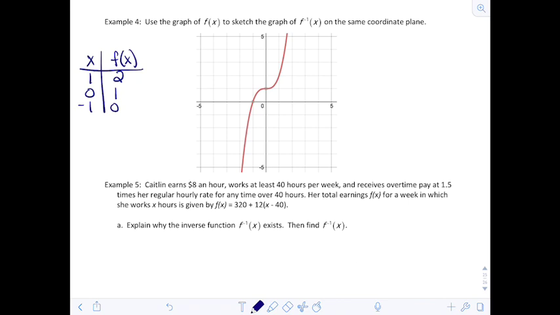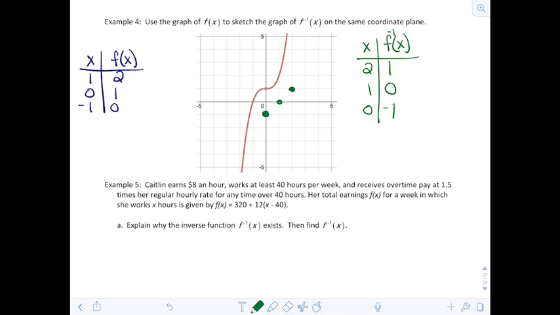So as I look to graph the second line, the inverse, I should have points switch places. So 1, 2 is now going to become the point 2, 1 right here. 0, 1 becomes 1, 0. And negative 1, 0 becomes 0, negative 1.